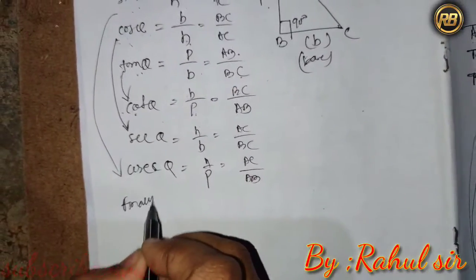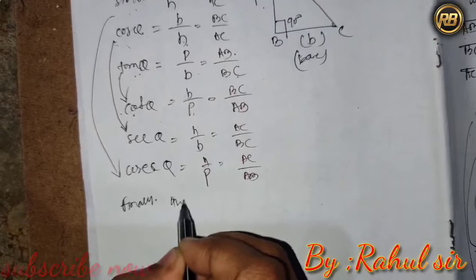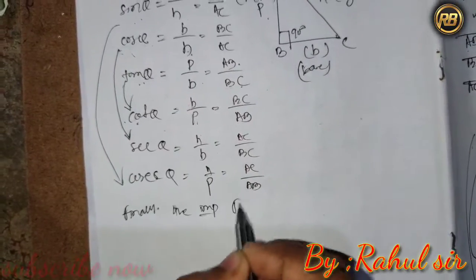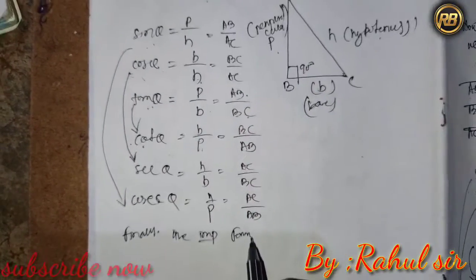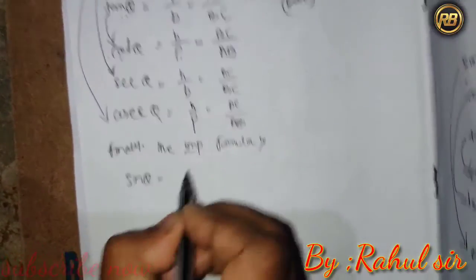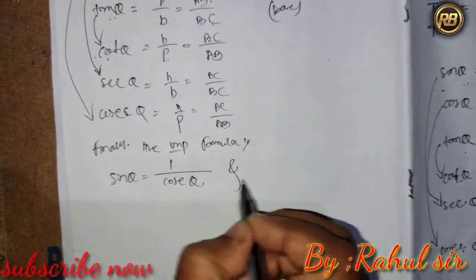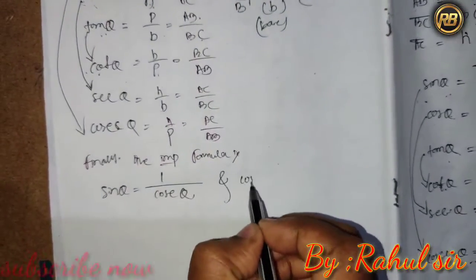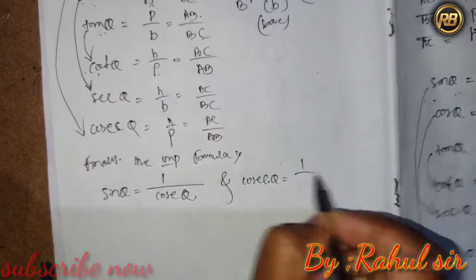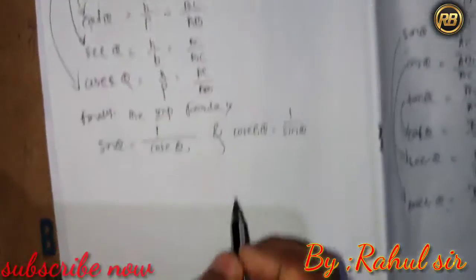Finally, the important formulas are: sin theta equals 1 by cosec theta, and cosec theta equals 1 by sin theta.